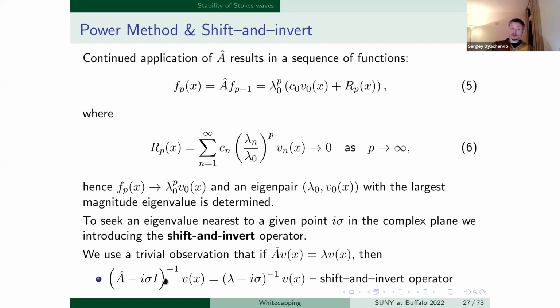And this operator's largest eigenvalue would be the one that is closest to the point i sigma in the complex plane, right? Because it would result in the smallest denominator, lambda minus i sigma. And in the inverse iteration, 1 over the smallest means the largest magnitude eigenvalue.